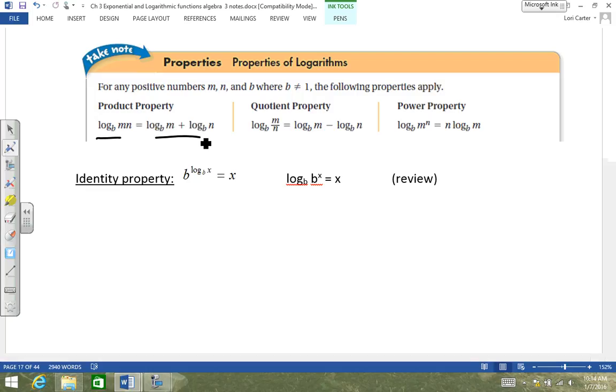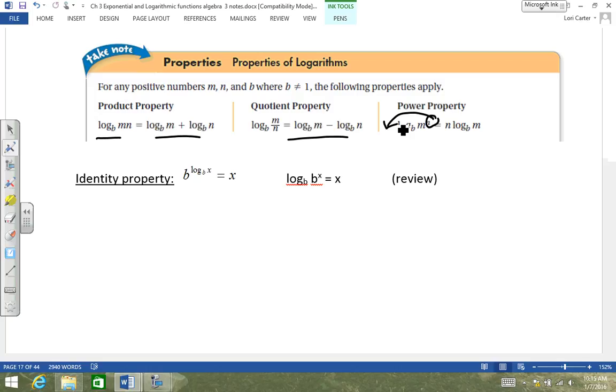I'm truly subtracting the logs. A power to a power, what are we doing? You're multiplying. Power to a power, you're multiplying. That means whatever the exponent is belongs in the front. You are multiplying. Good? It follows the same rule as exponents. Nothing changes. Are you going to remember them? A little iffy.